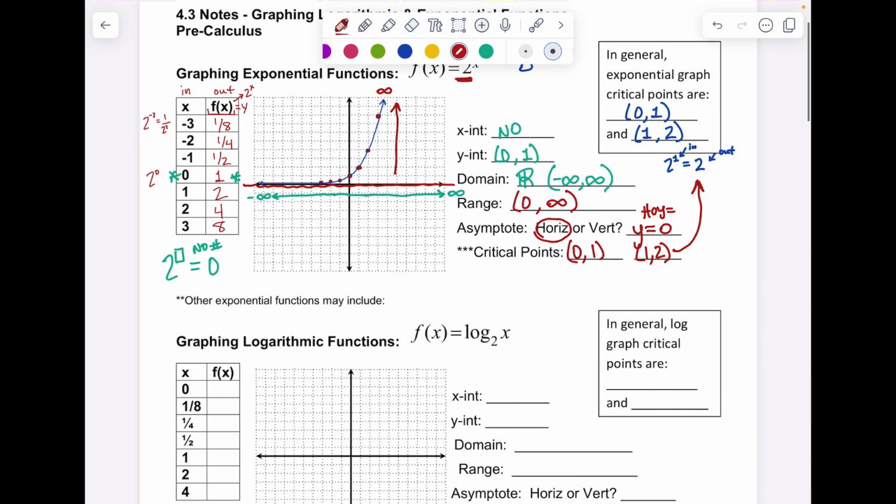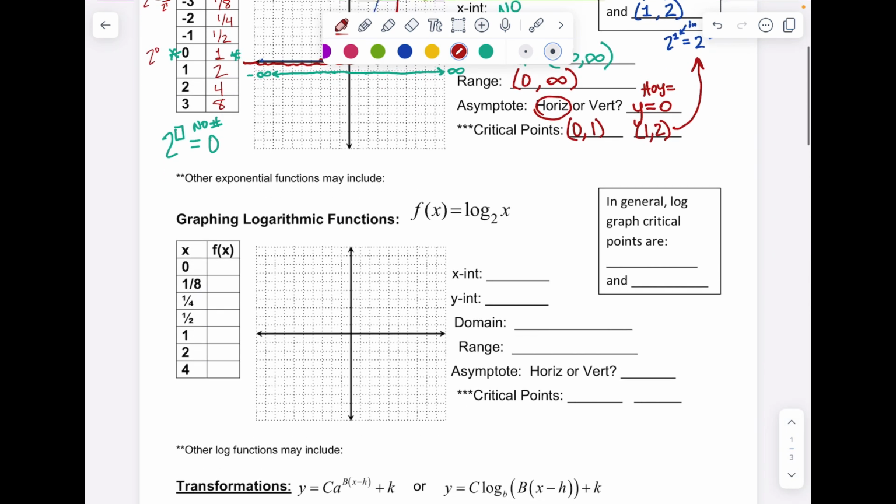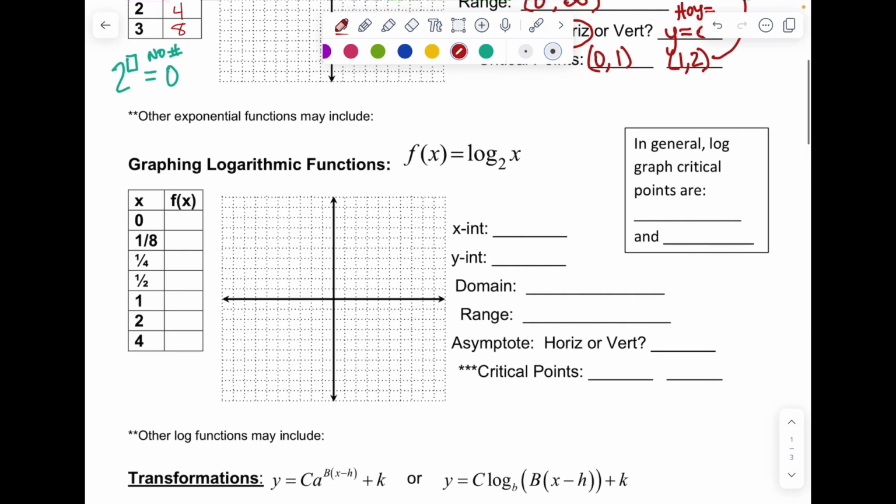Let's jump to the logarithmic now. Logarithmic function is going to be log base. My input is currently the argument. Remember, that's called the argument. And then whatever we get out is our y value.